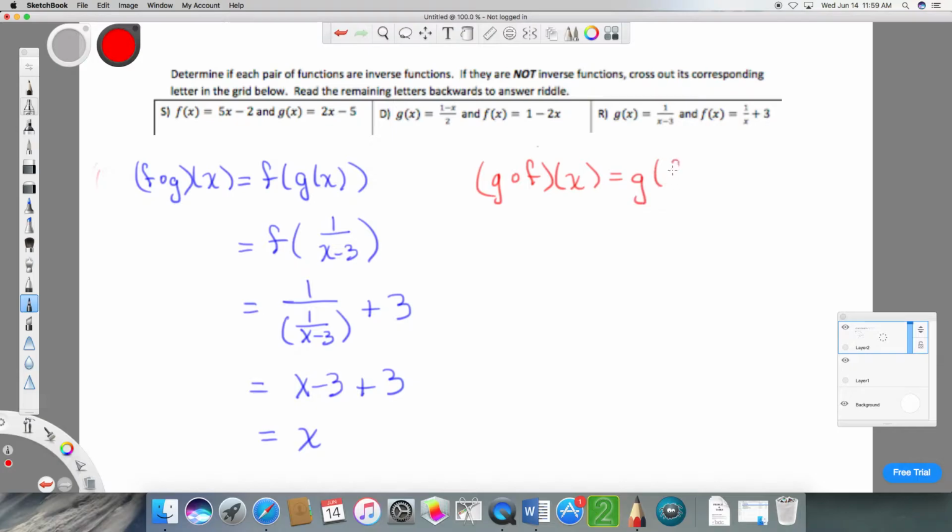So now we find the other composition where f is the input of this function g, and f is 1 over x plus 3, and g is this ratio that has 1 over the input, which is 1 over x plus 3 minus 3.